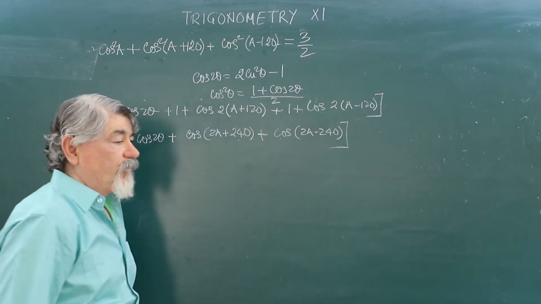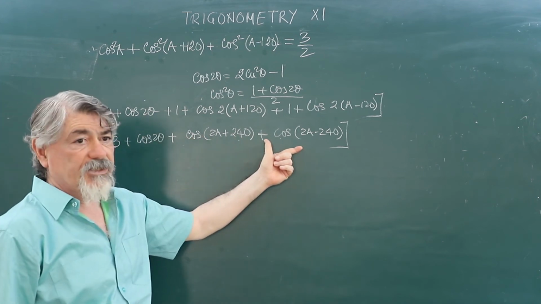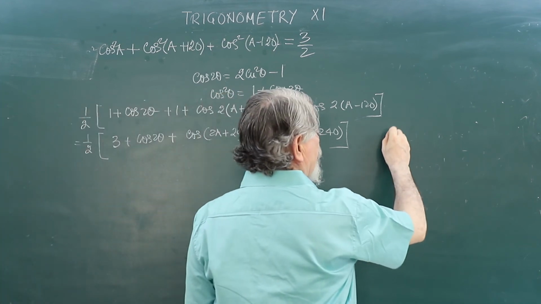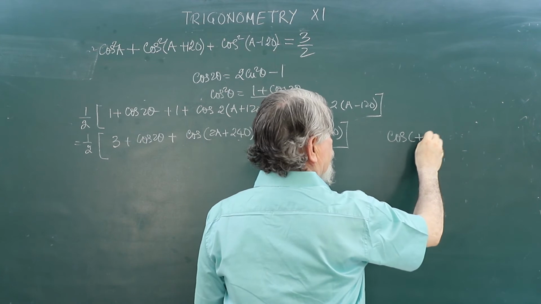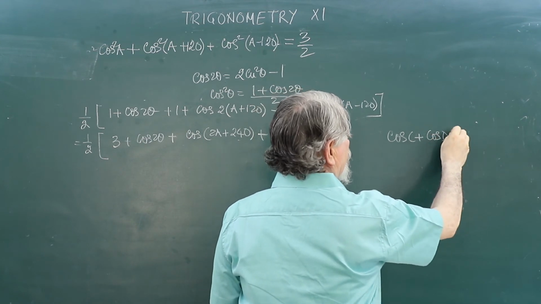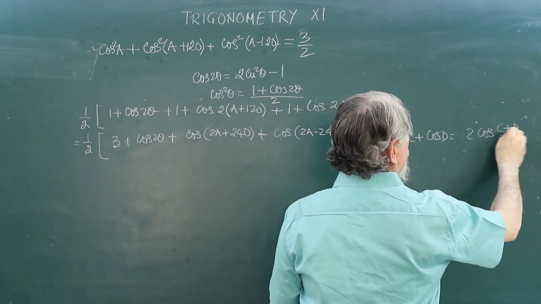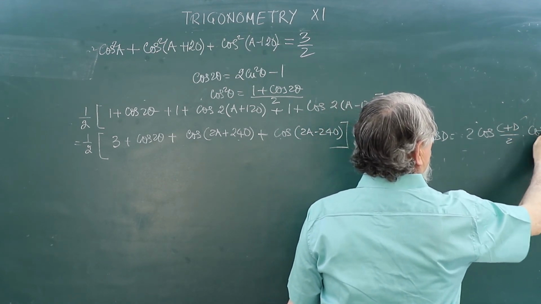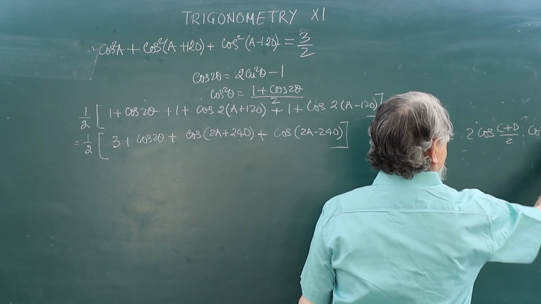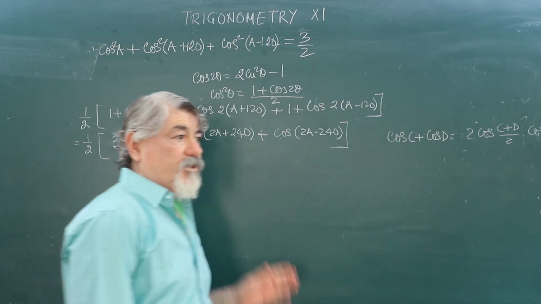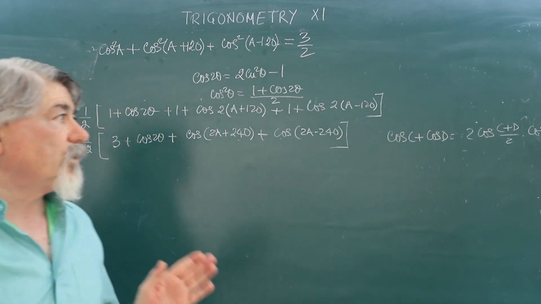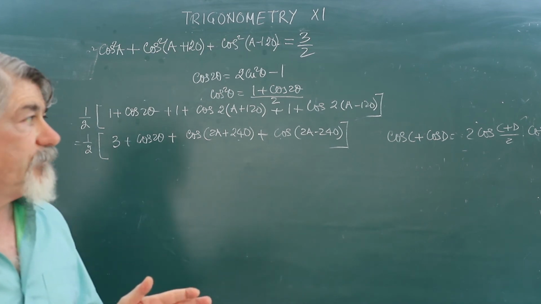Here I'll apply the formula cos C plus cos D. The formula for cos C plus cos D, if you remember, was 2 cos C plus D upon 2 into cos C minus D upon 2.